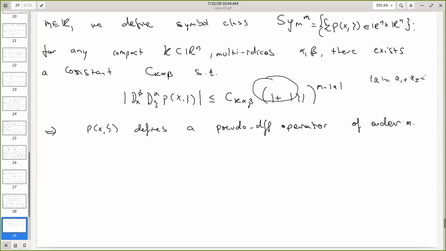I don't know if you're familiar or not, it doesn't matter, just take it as one index. If you can prove that, then you know that your original P is a pseudo differential operator of order m.